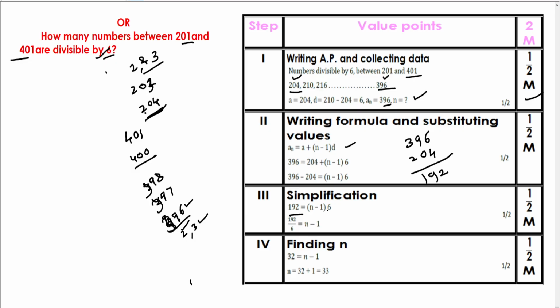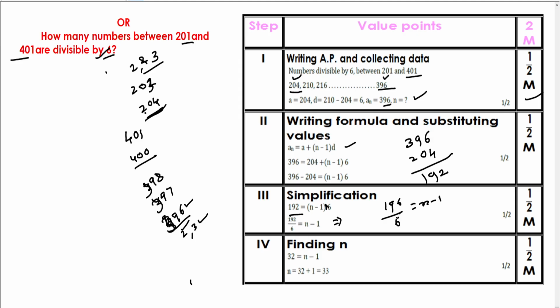Then you take 6 to the left. Because it is multiplied, when it comes to the left it becomes division. That is 192 upon 6 is equal to n minus 1. Now, can you divide it?